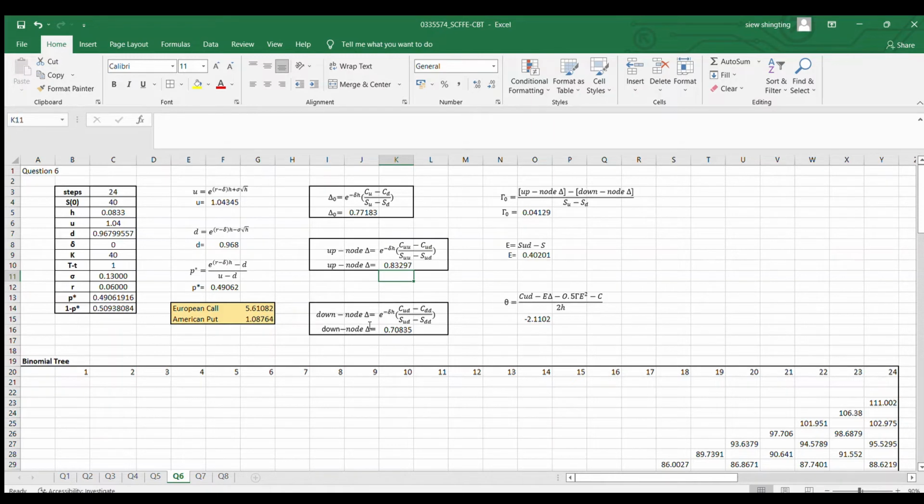Because after that, the down node delta also uses the same formula, but here is CUD minus CDD divided by the SUD minus SDD.